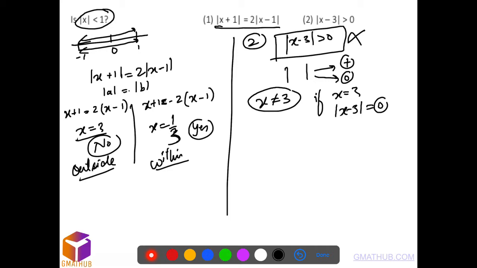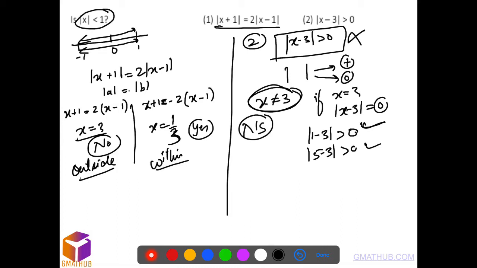But if you take any other value, like x is 1, or x is 5, all the values to either side of 3 would satisfy it. Other than 3, everything would satisfy. So not sufficient. Other than this, it could be within this window, it could be outside this window. Not sufficient.